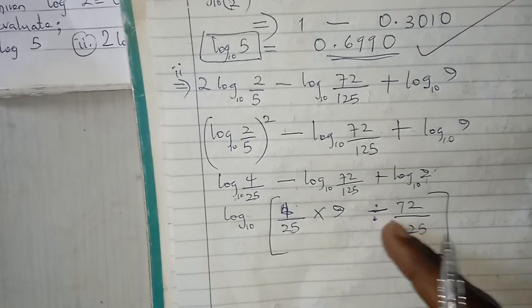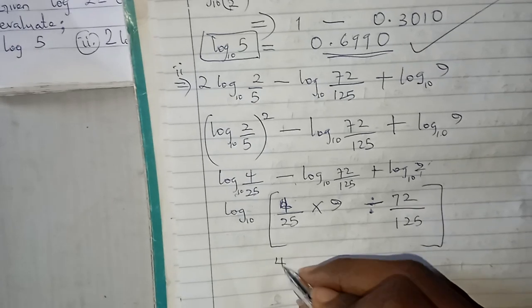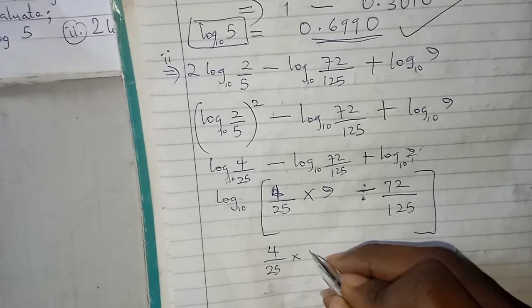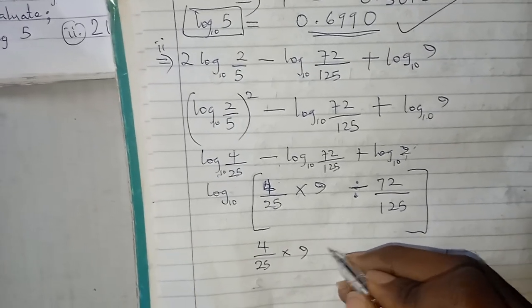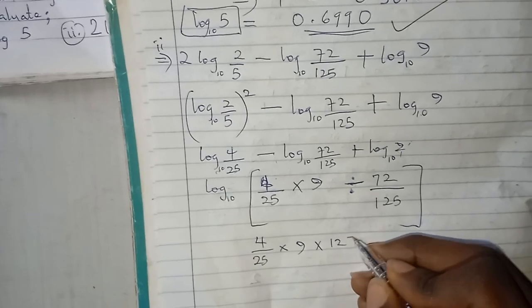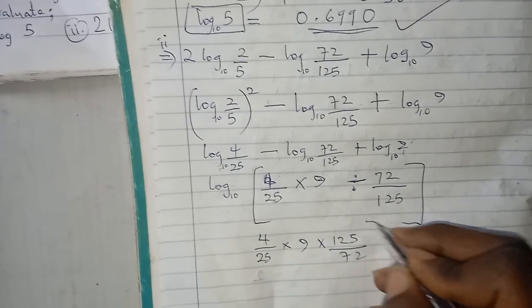And you know that this is 4 over 25 times 9 times 125 over 72, if you remember.